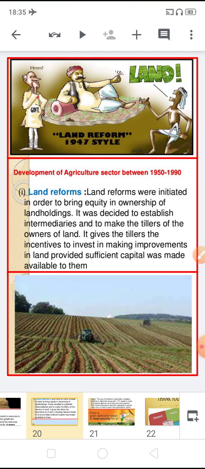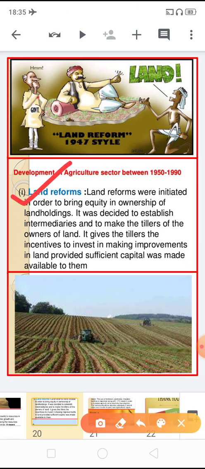Whereas the farmers, who are considered the tillers of the soil, were exploited day by day, and they always faced a loss, either because the production was not appropriate or because they were exploited by the zamindars. So, just to improve and develop the agriculture sector, the government introduced the land reforms.